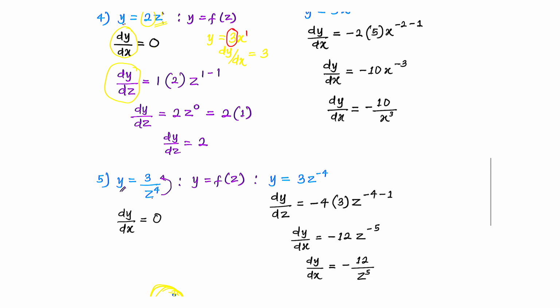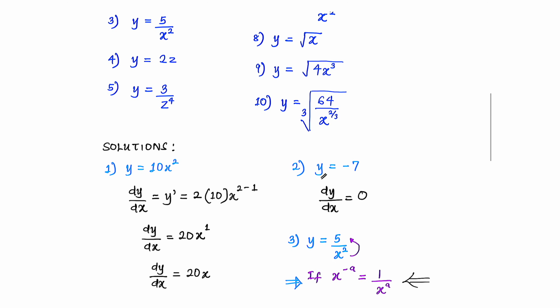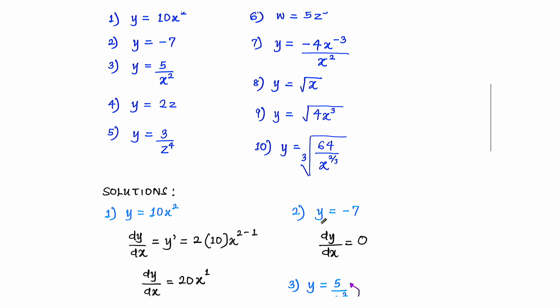Next question, question 7. 7 is y equals negative 4x raised to power minus 3 divided by x squared.